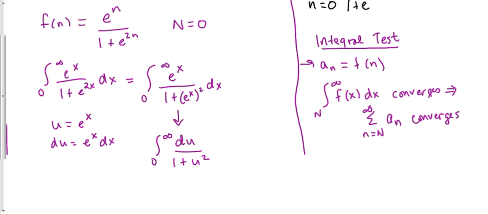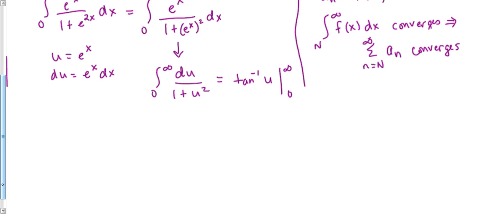Well, you should, and it is actually equal to the arctan, or the inverse tangent, of u, evaluated from 0 to infinity. And if we substitute back in for u, we're going to get the inverse tangent of e to the x from 0 to infinity.